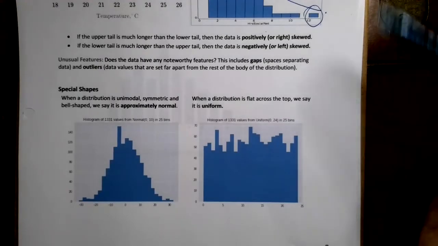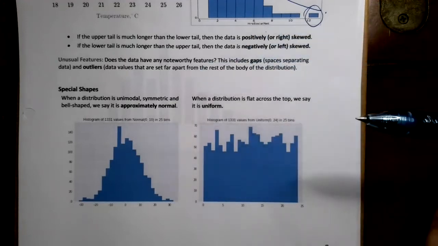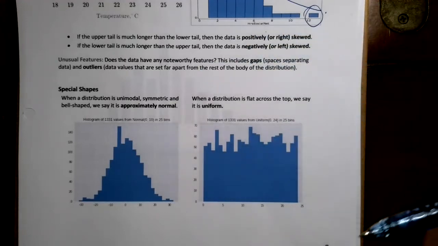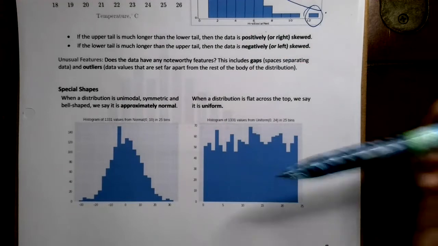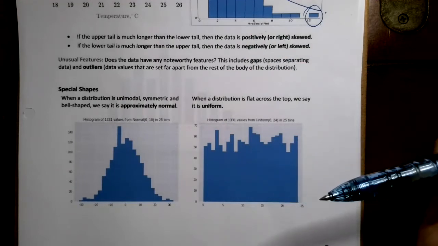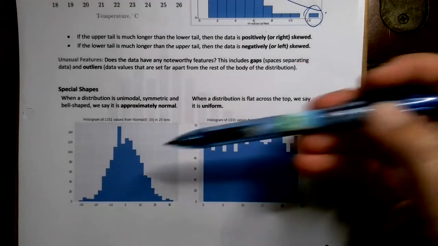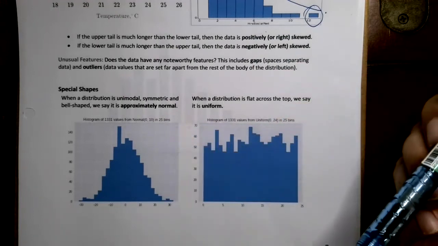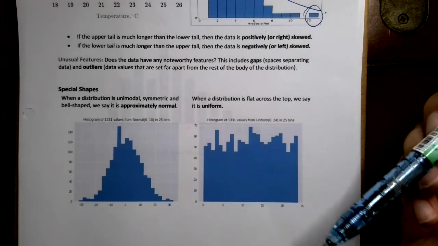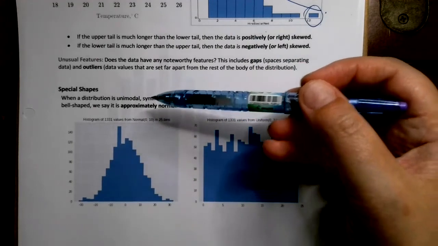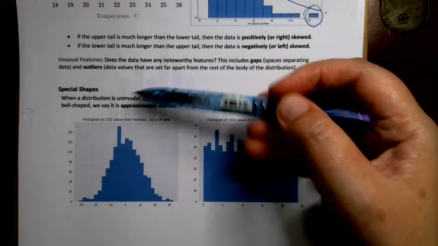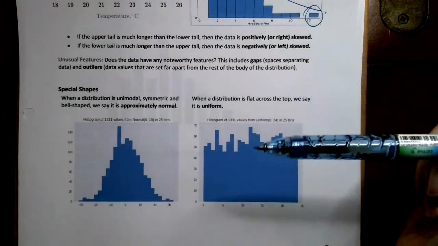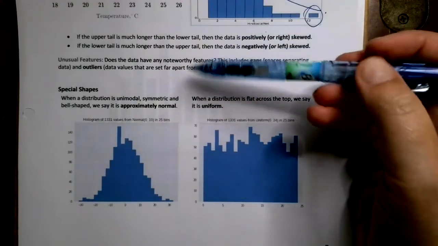Now let's talk about some special shapes that we're going to be talking about in this class a lot. Probably the one that we're going to be talking the most about is the normal distribution. What is a normal distribution? Well, the normal distribution is defined like that. It's unimodal, so it has only one mode. It's not bimodal or multimodal.